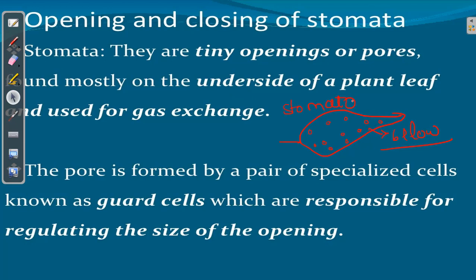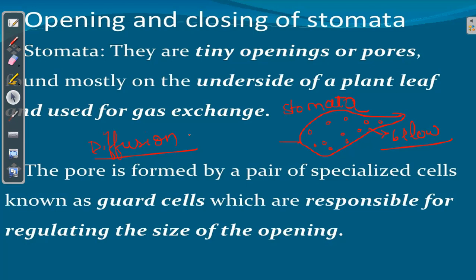Through this opening, what happens? Through the stomata, carbon dioxide can go in and oxygen can come out by the process of diffusion. Again, diffusion is movement of molecules from the region of high concentration to the region of low concentration, right? So carbon dioxide is more in the environment but less in the leaf of the plant, hence carbon dioxide enters into the leaf.